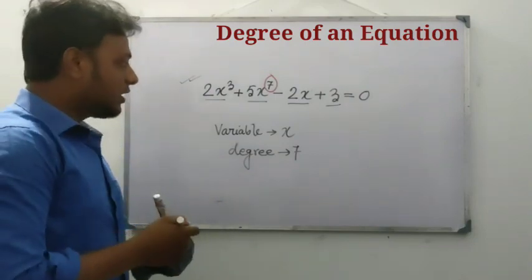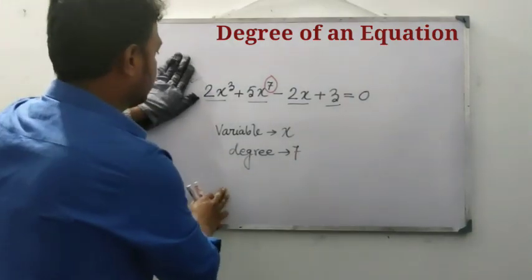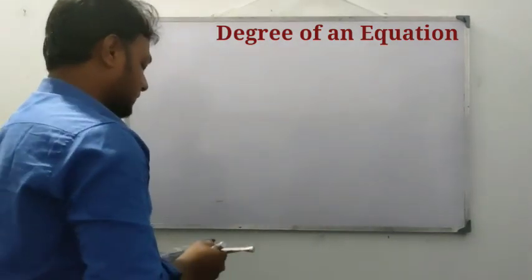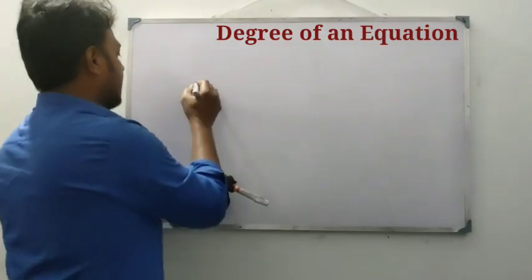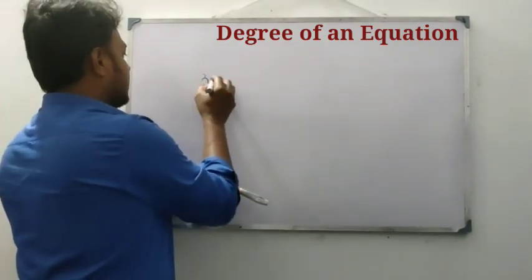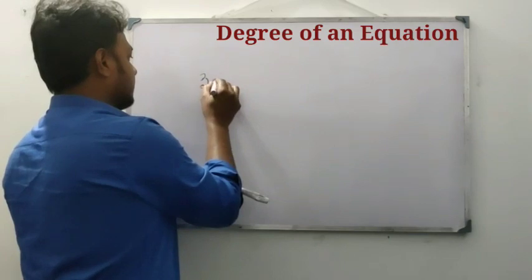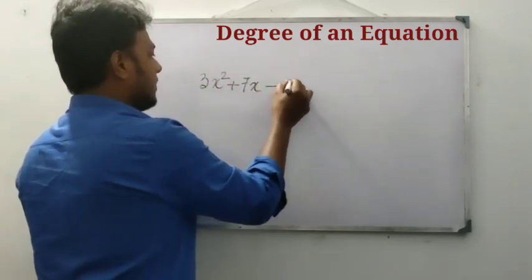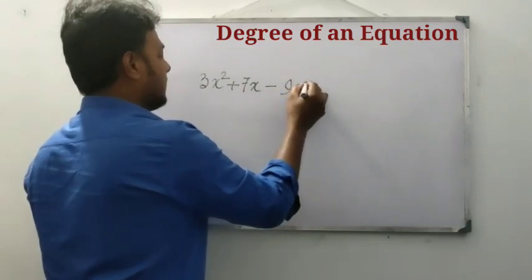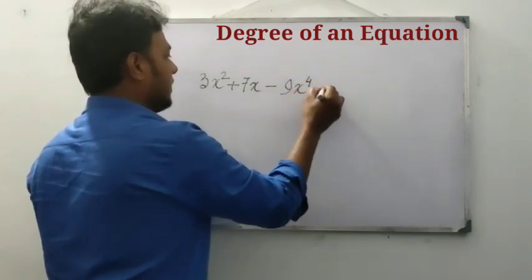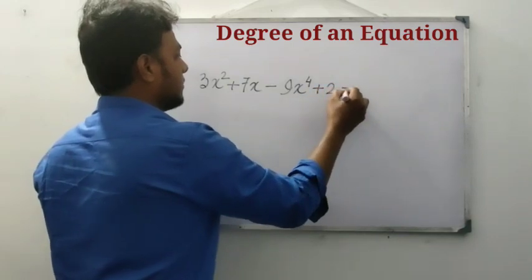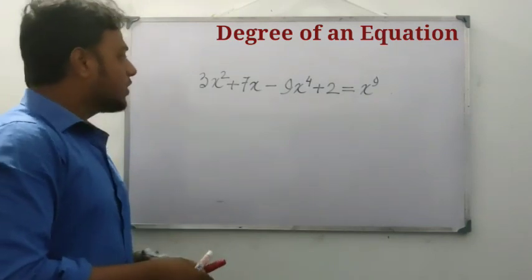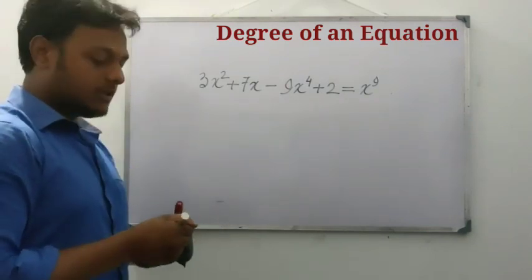I am considering one more example. Suppose 3x square plus 7x minus 9x to the power 4 plus 2 equals, suppose, x to the power 9. Clearly this is an equation of x.